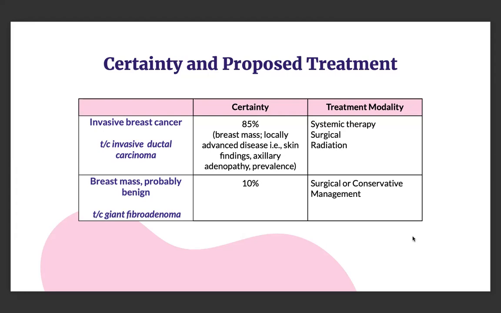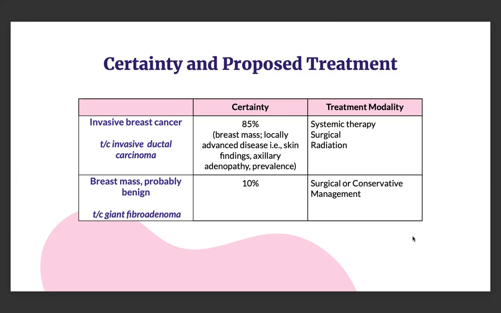We put a certainty of only 85% for invasive breast cancer because although the breast mass is already 13 by 6 cm, when the patient initially presented with a mass in the OPD, there were already locally advanced disease presentations such as the skin findings, the ulceration, and axillary adenopathy.